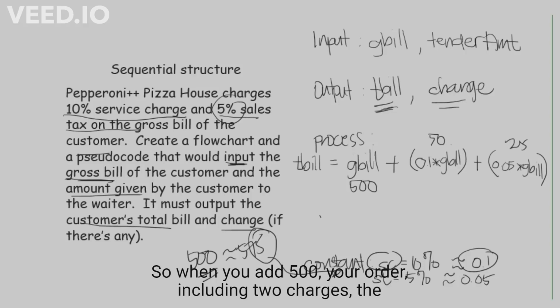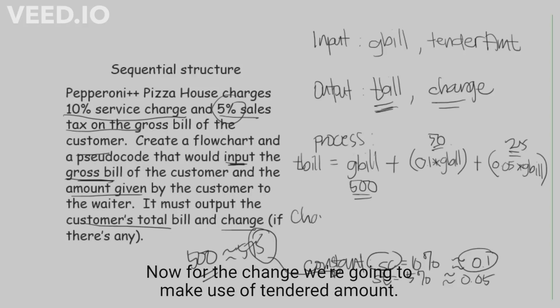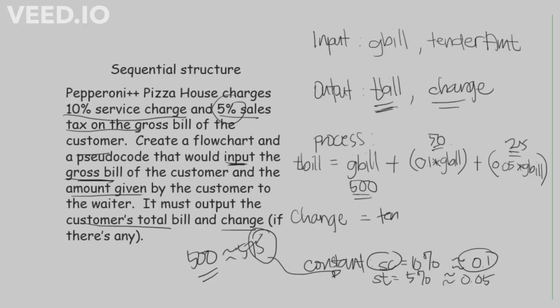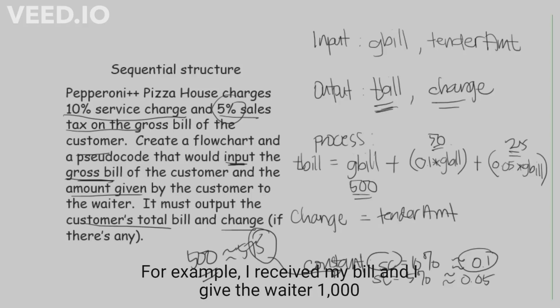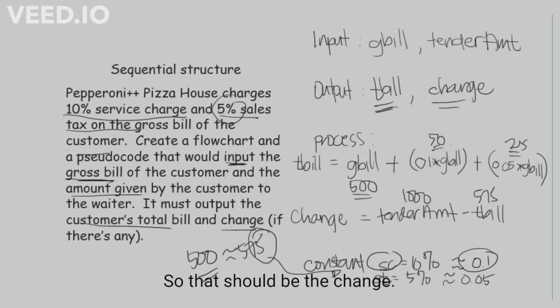So when you add 500, your order, including two charges, the service charge and the sales tax, this becomes 575. Now for the change, we're going to make use of tendered amount. For example, I received my bill and I give the waiter 1,000 pesos minus my total bill, which is 575. So that should be the change. So this becomes 425 in this case.